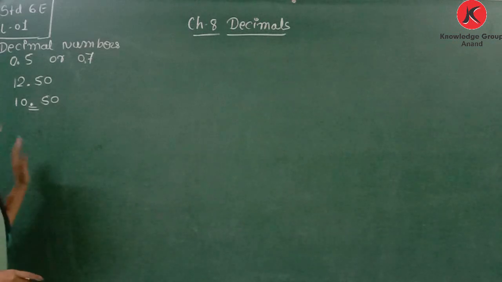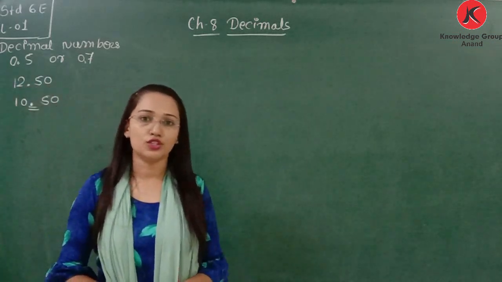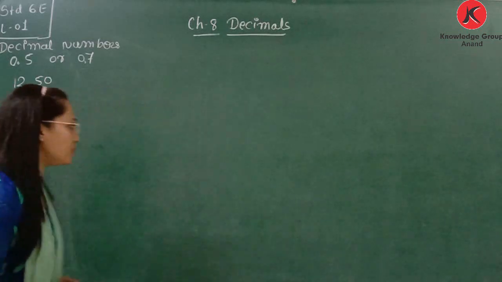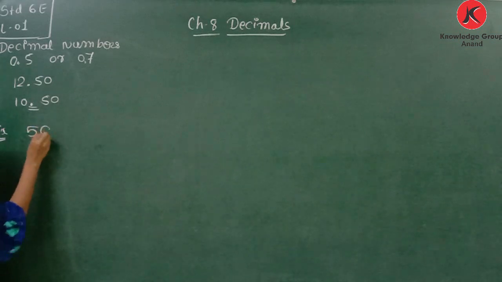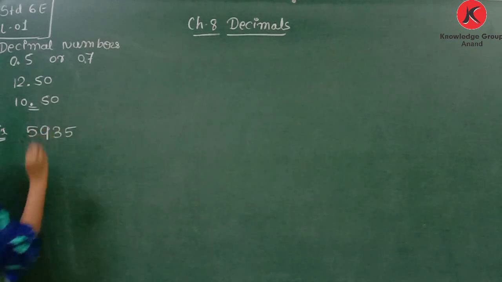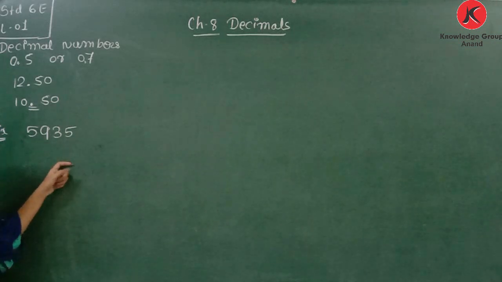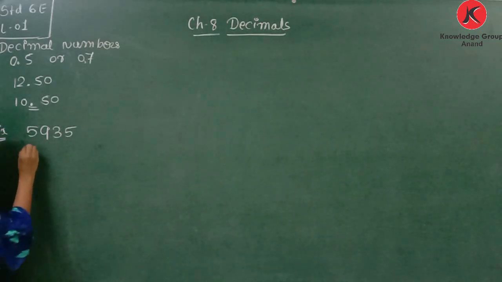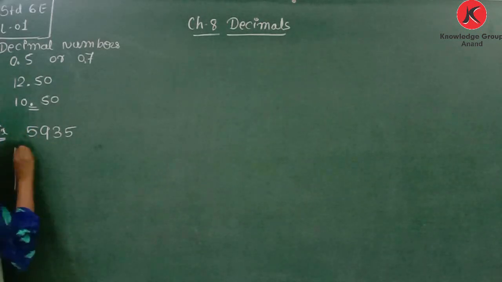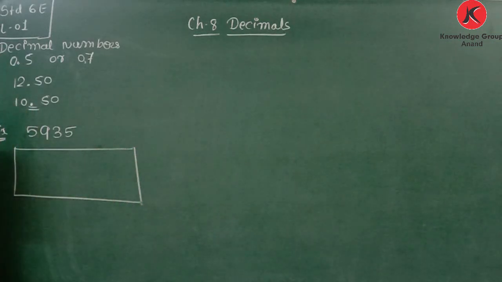Now, as we learned in the previous standard, how to write the place value of each digit. If we take one example, we have 5935, that is the number, and we want to write the place value of this number. Then we make a place value table, and we know how to make it.